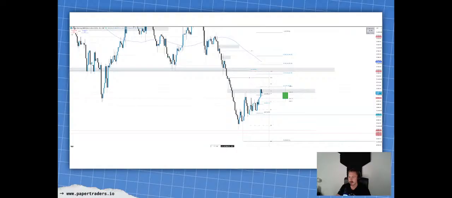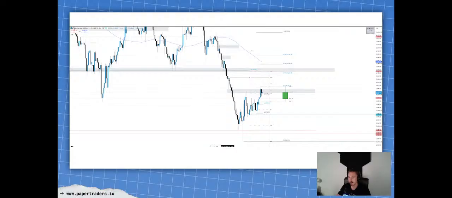Downside. On the hourly, we have also outlined the OTE of the last leg to the downside, and the 618 lines up close to the PDH, as well as the 29,310 level that has previously served as a support and has now potentially turned into a resistance.